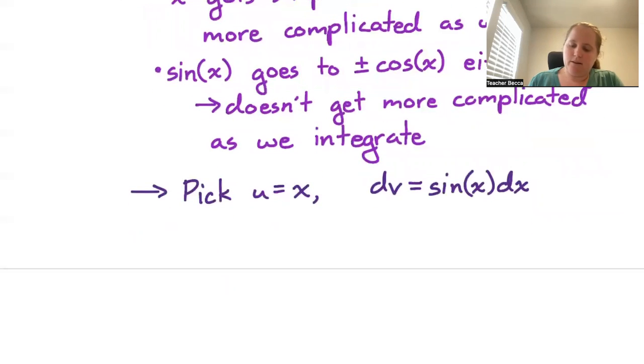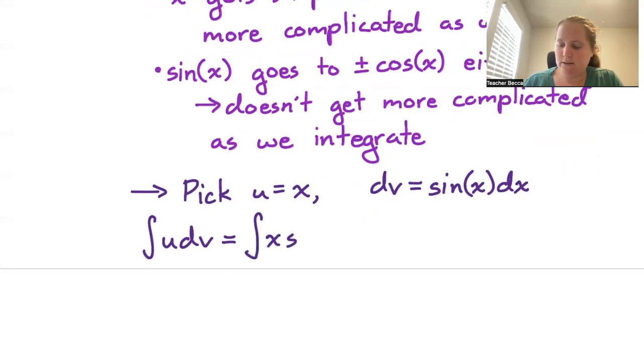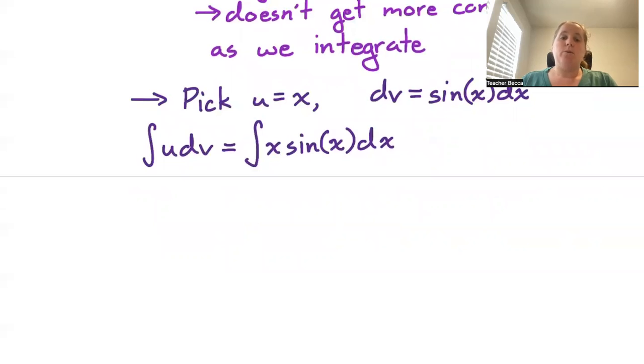So then the integral of u dv is in fact precisely our integral of x sine of x dx, which is what we want. So we can go ahead and apply our integration by parts. So this should be equal to u times v minus the integral of v du.